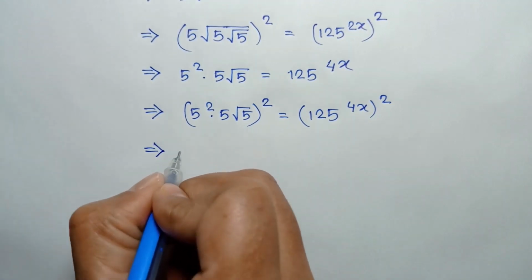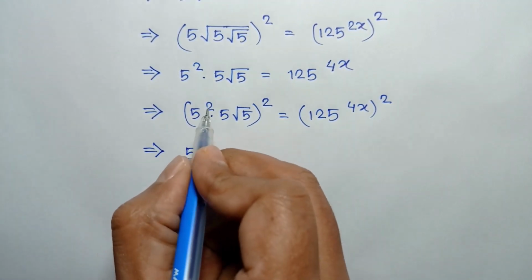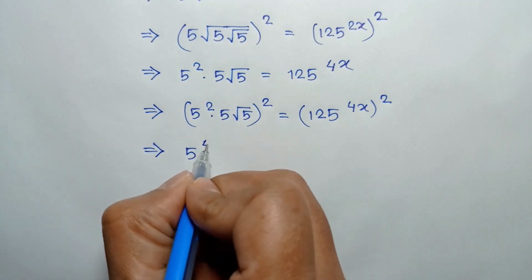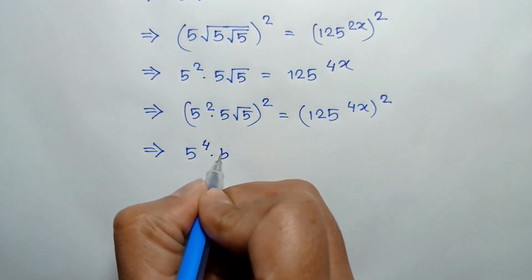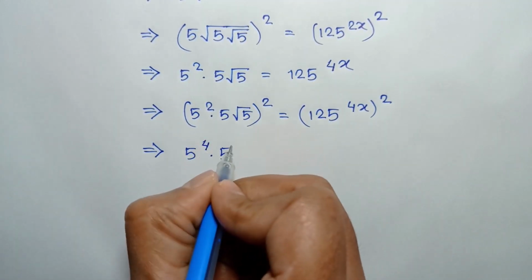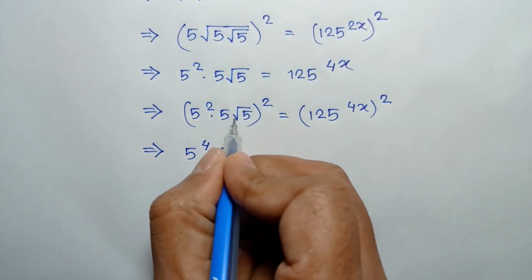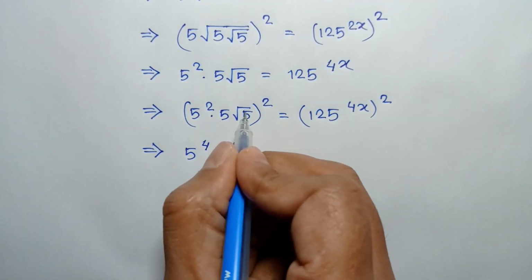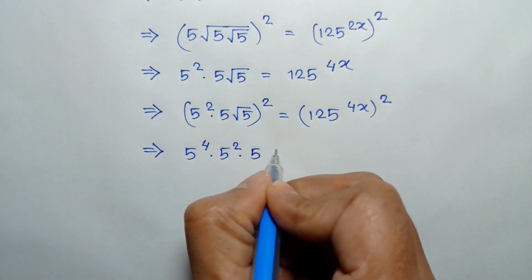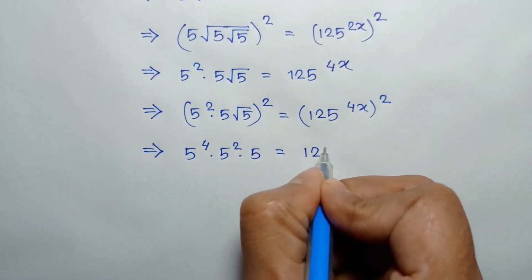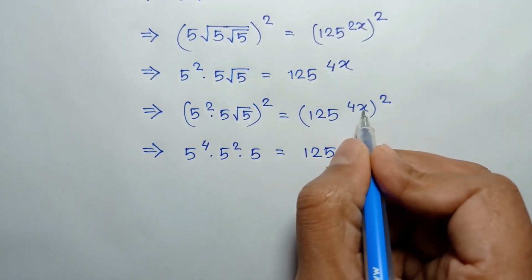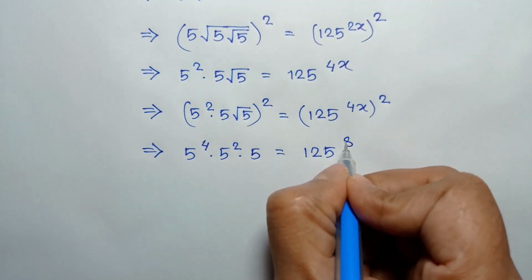5 to the power 2 times 2 is 4, times 5 to the power 1 times 2 is 2, and the square root and square will cancel out, so it will remain 5 = 125^(8x), where 4x times 2 is 8x.